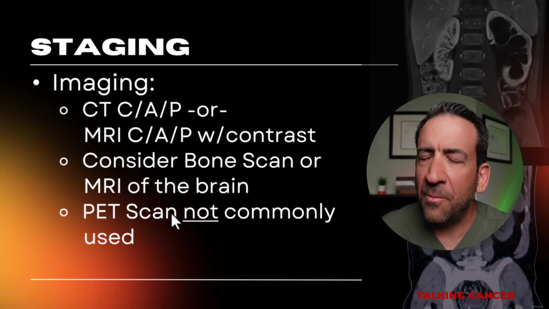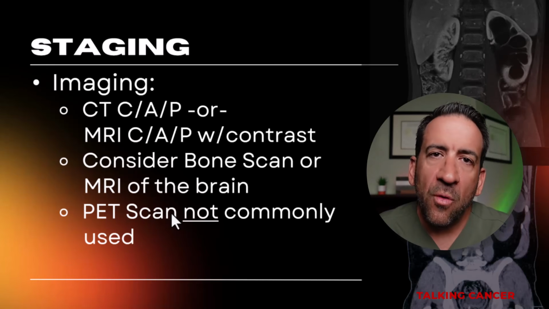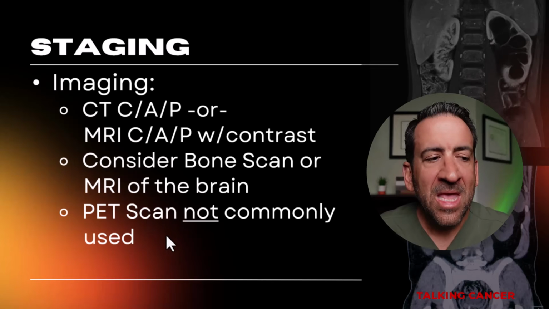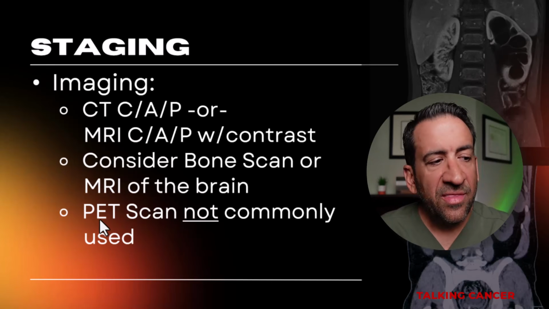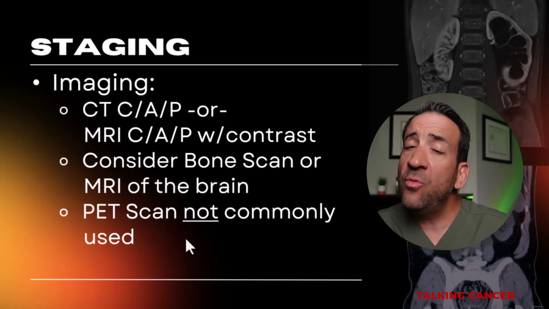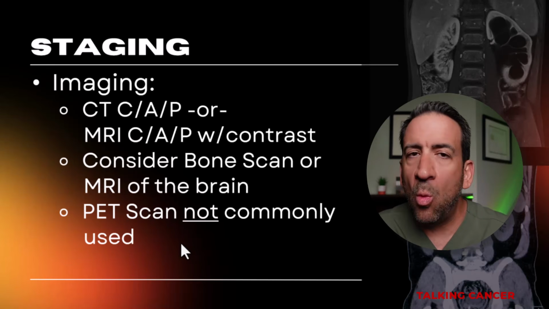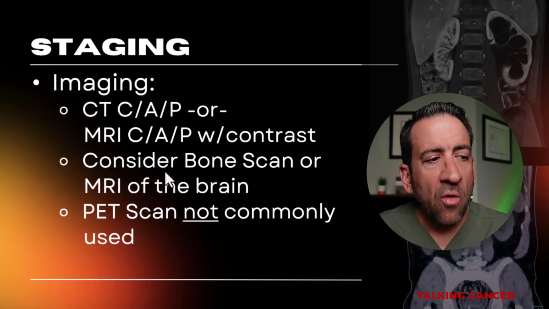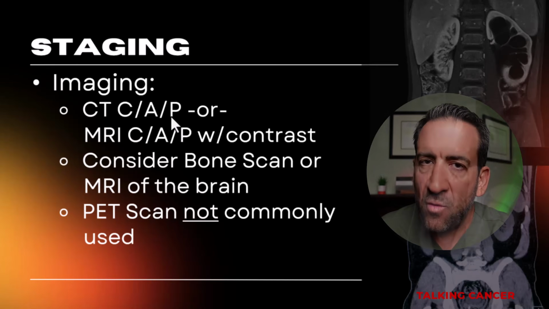It's a pretty decent test overall in oncology, but for renal cell carcinoma, it might not be as good as in other cancers. So that's why I put on here, PET scans are not commonly used. Sometimes we do, and maybe your doctor did in your case, but I just wanted to let you know that it's not one of the more common tests. Overall, a CT scan of the chest, abdomen, and pelvis with IV contrast is the test that we mostly perform.